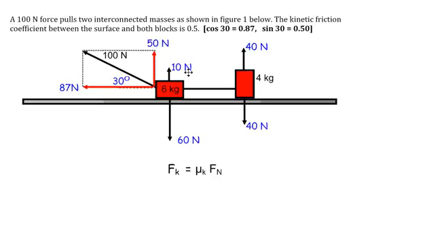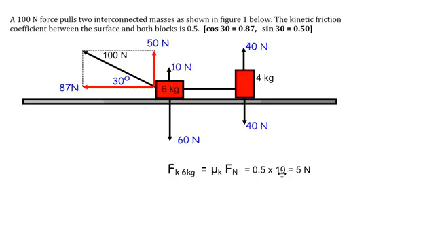We can now use the two normal reaction forces to find the friction for each of these two masses. Let us consider the 6 kilogram mass first. The friction for the 6 kilogram mass is equal to the coefficient of kinetic friction, which is 0.5, times the normal reaction force on the 6 kilogram mass, which is 10 newtons.